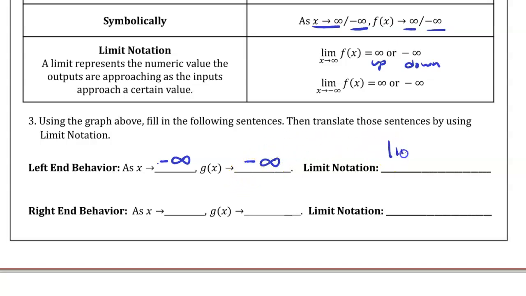We'd say the limit as x approaches negative infinity, and we're actually going to put the name of the function here since they're asking about g of x, of g of x, that's going to equal negative infinity. I just added this part in because we have the name of the function. And if we look at the right-hand side, the positive side, as we go to the right, x goes to positive infinity.